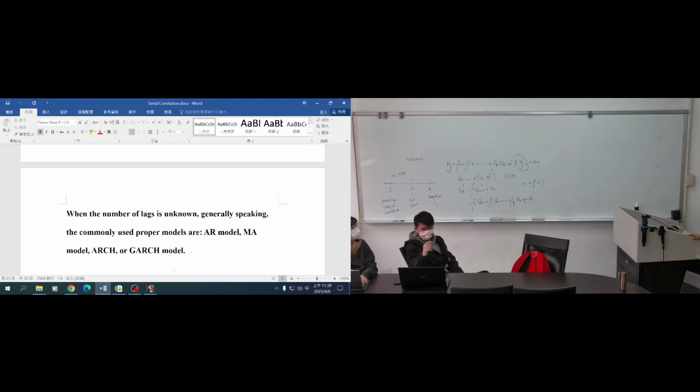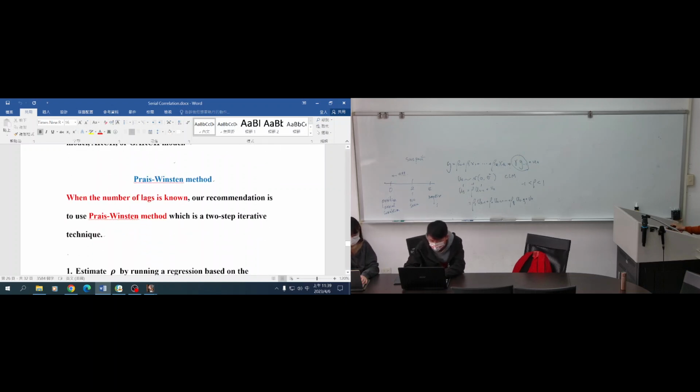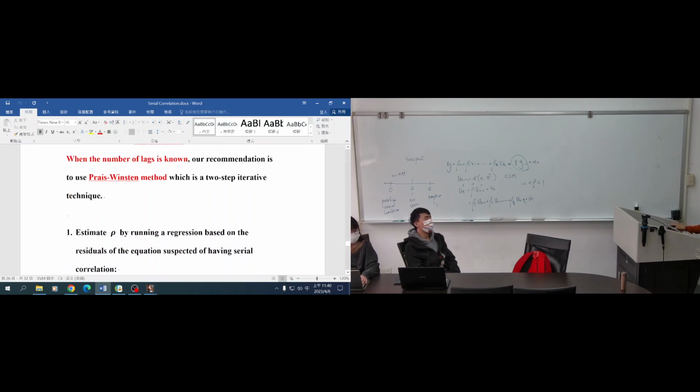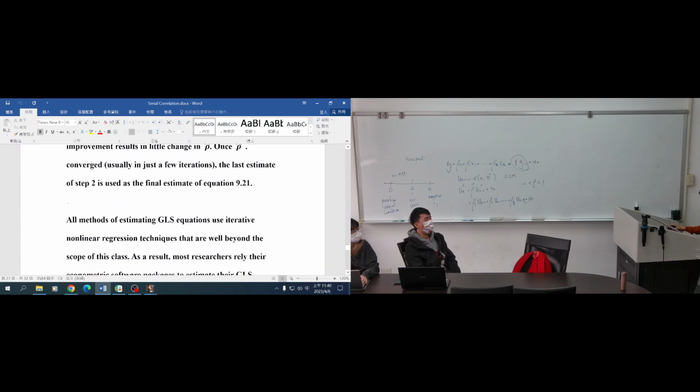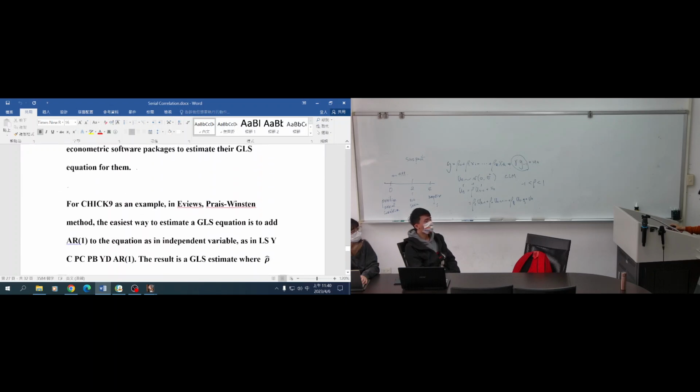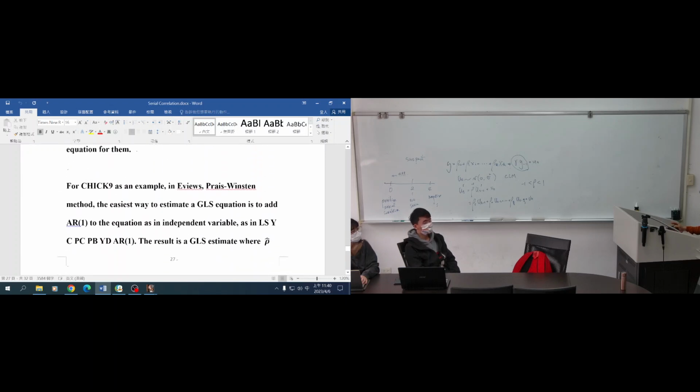I'm showing how to get the result from EViews. Actually, in EViews, this is called generalized least squares with the Prais-Winsten method, using our example. Look at this one.